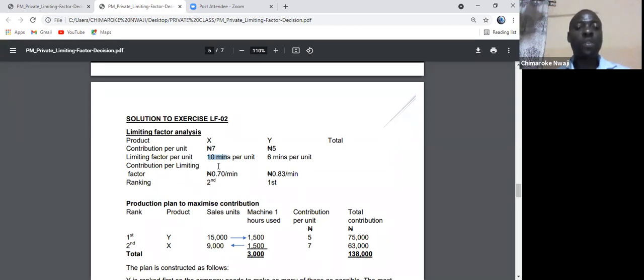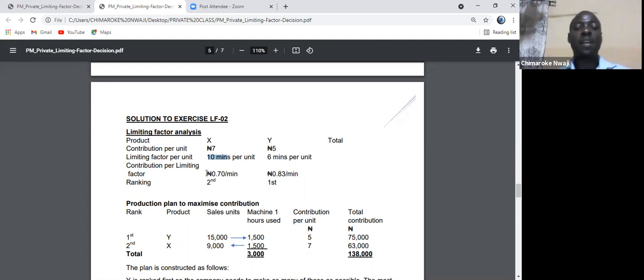It will give you 0.7 naira per minute. So it's not every time you'll be thinking in terms of per hour. This is per minute. You can always convert it to per hour if the occasion requires by dividing by 60. That will give you per hour.